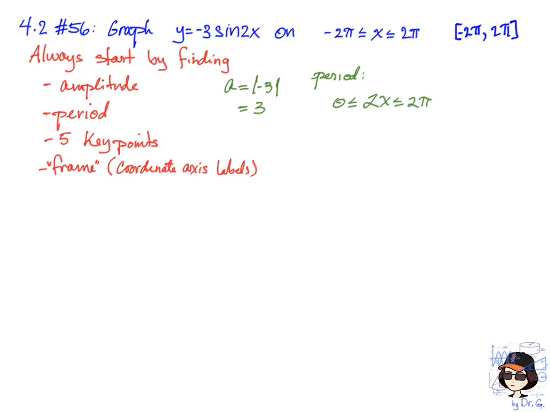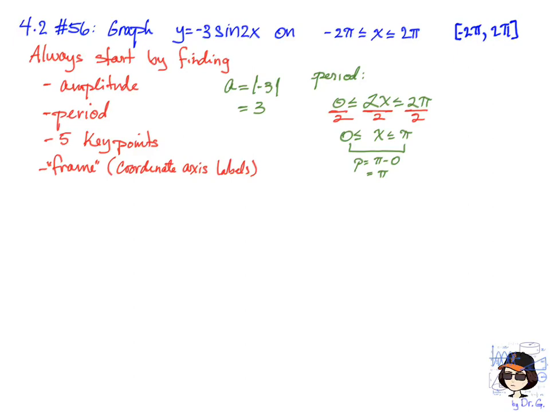All right, so now we want to solve this for x. So we divide everything by 2. And we get x is between 0 and pi. And so this tells us our period, right? All we have to do is take the bigger number, pi, and subtract the smaller number, 0, and we get pi. So that's great. That gives us our period, which we could have gotten using a formula.